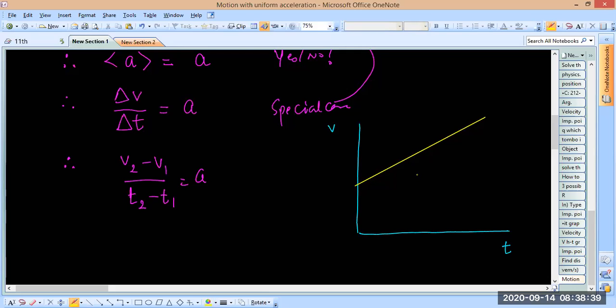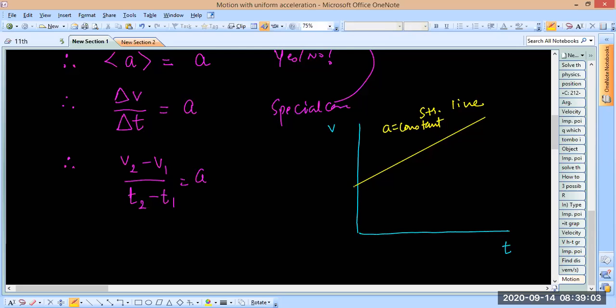This VT graph is going to be a straight line. Why is it a straight line? Because acceleration is constant, so the slope should be constant, because the slope of a chord gives average acceleration, and the slope of a tangent gives instantaneous acceleration.